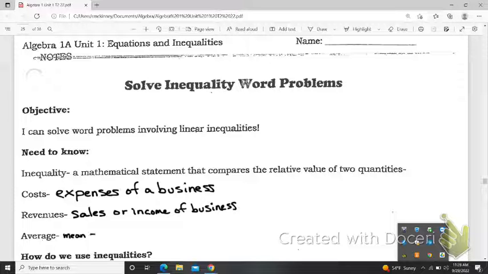This is when we add the numbers, then divide the sum by the number of numbers.